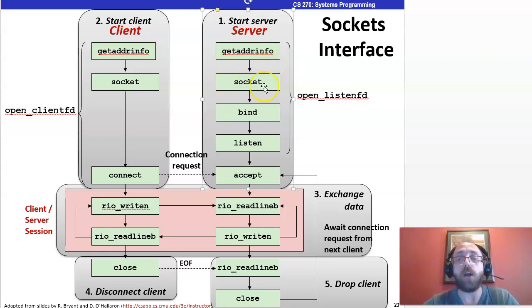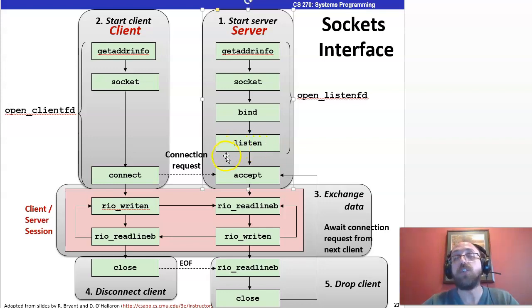Then we call socket to create that, to create the file descriptor. We call bind to associate the socket with a particular port on the server. So bind is what we would use to say, now that I have my socket, I want it to be associated with port 80. Then we call listen, which says wait for connections to come in.